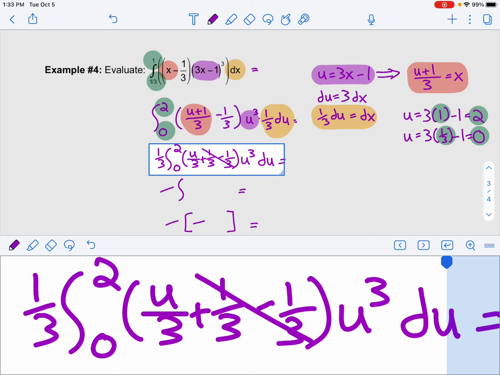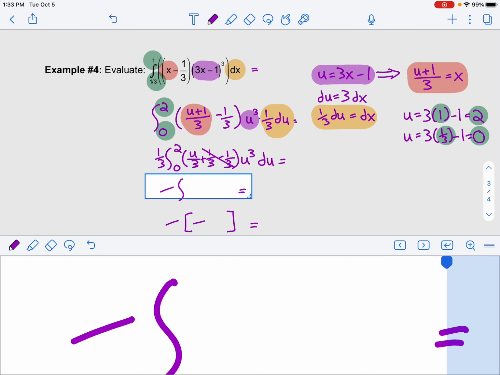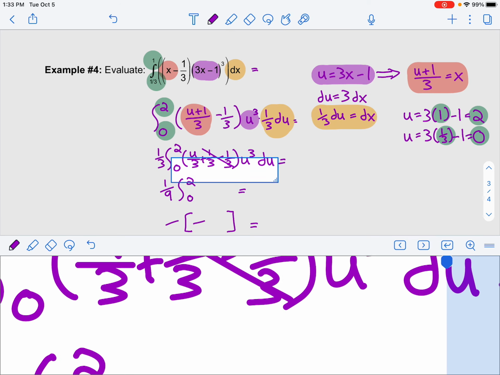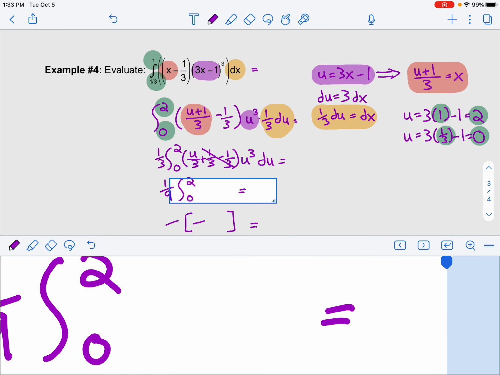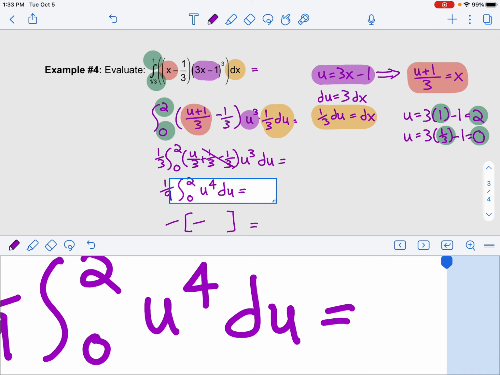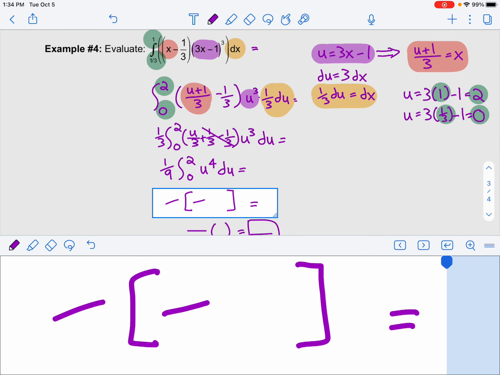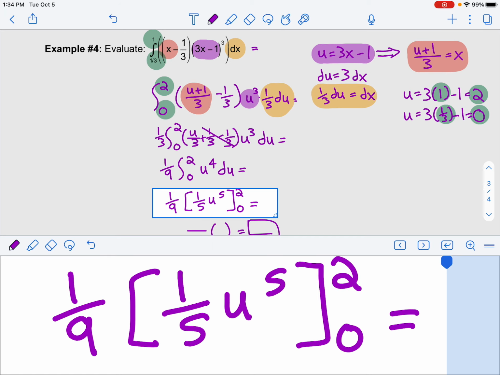And now u over 3, that's another 1/3 that I can bring out and multiply with the 1/3 that's already there. So I get 1/9 times the integral from 0 to 2. u times u cubed is going to be u to the 4th power du, and this becomes a very nice integral for us to do. So this is going to become 1/9 times 1/5 u to the 5th power, plugging in 0 and 2.